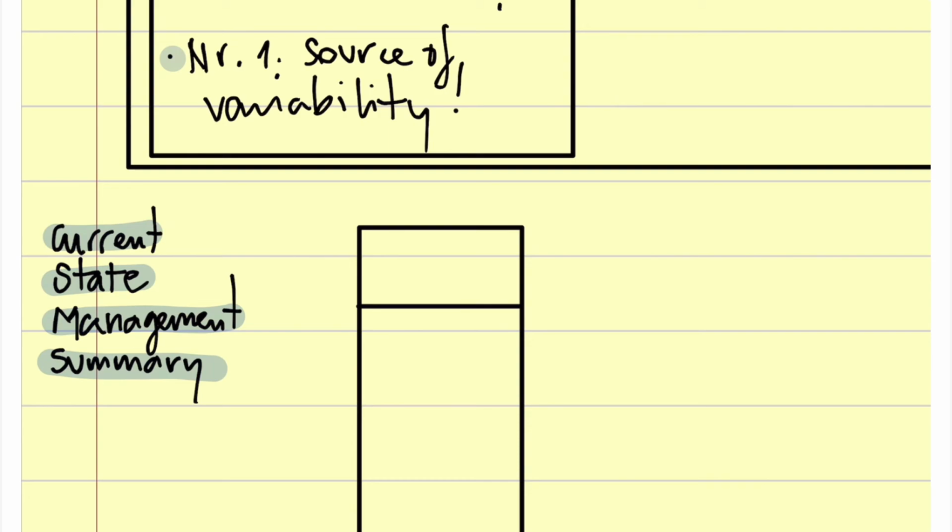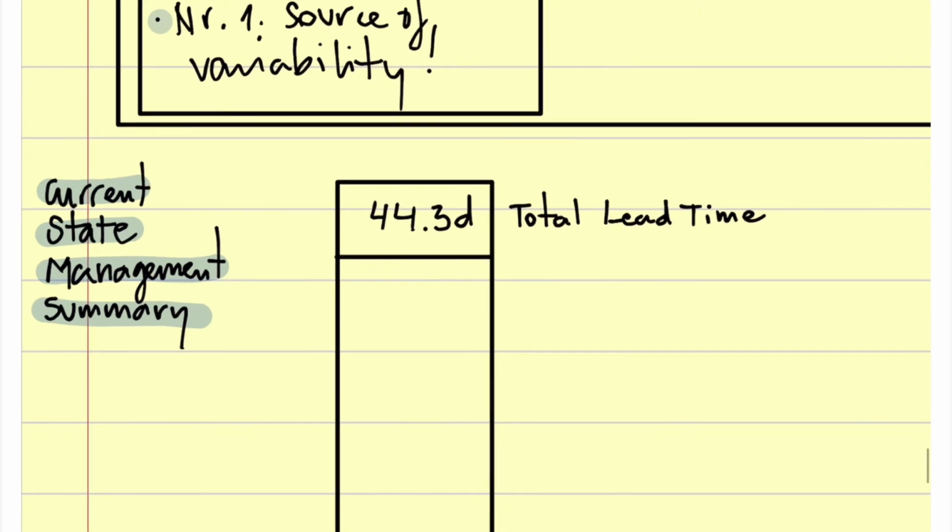So the first thing we do is we represent the total lead time, gesamte Durchlaufzeit, and this is 44.3 days. Okay. If some of these numbers are not clear, just let me know.